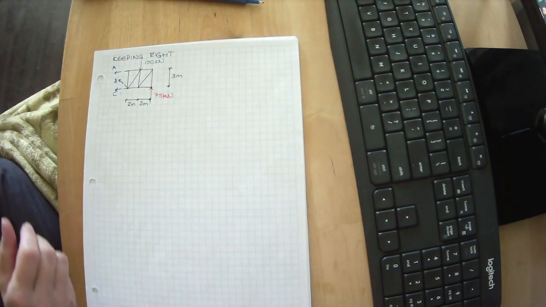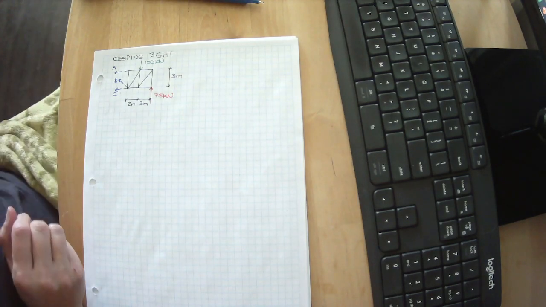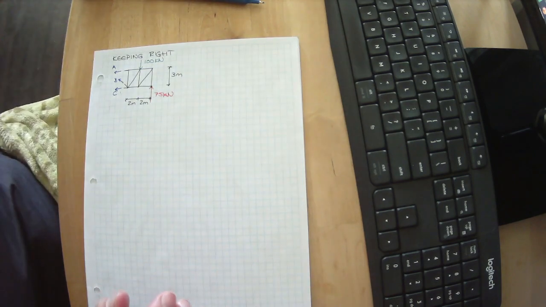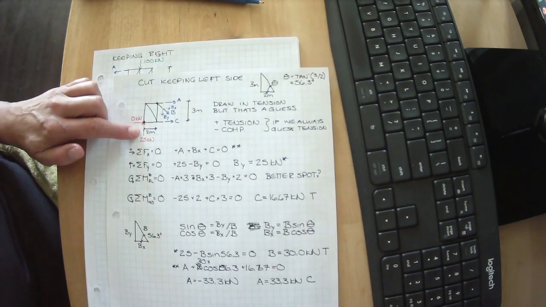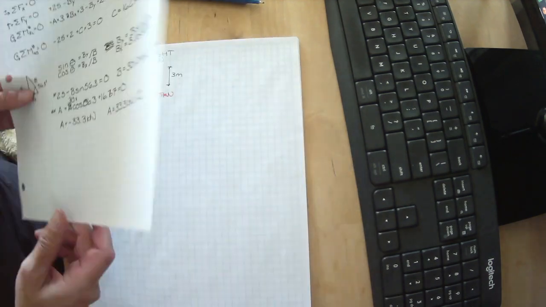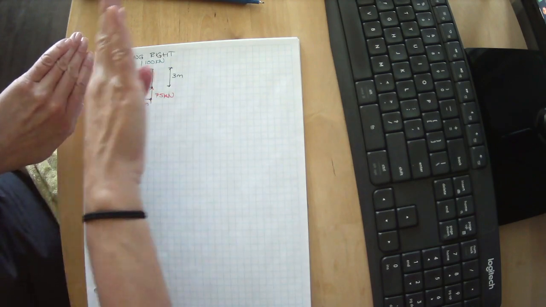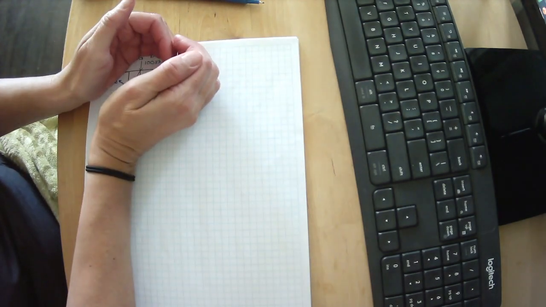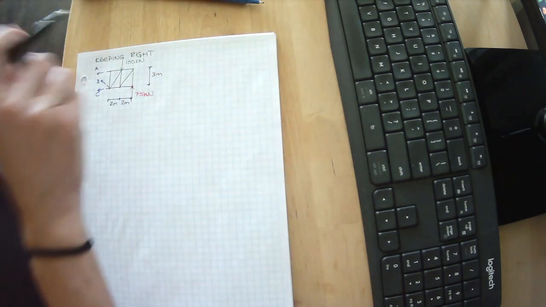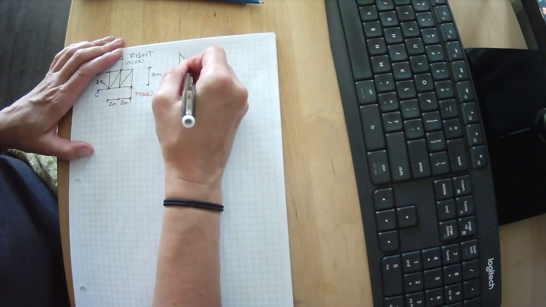In the other example, when we cut the other side, we were not saying there wasn't 100 kilonewtons of load. That reaction of 25 kilonewtons is only true because there's 100 kilonewtons of load in the location that it is. So if we're cutting and keeping this side, we need to keep everything that is happening on that side.